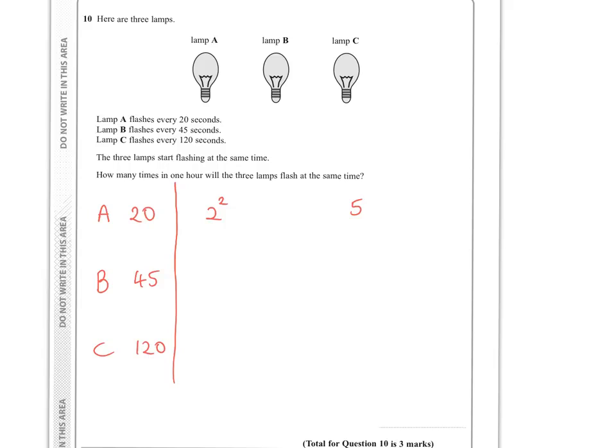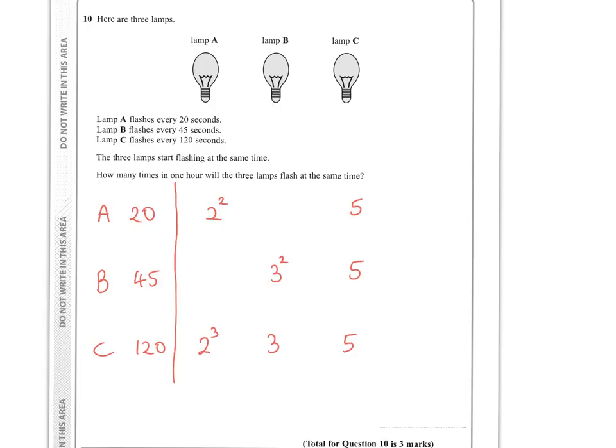45 is 5 nines, and the 9 is made up of 3 squared. And 120 is 3 times 40, so that's the 3, the 40 is 8 fives, well that's the 5, and the 8 is 2 cubed.